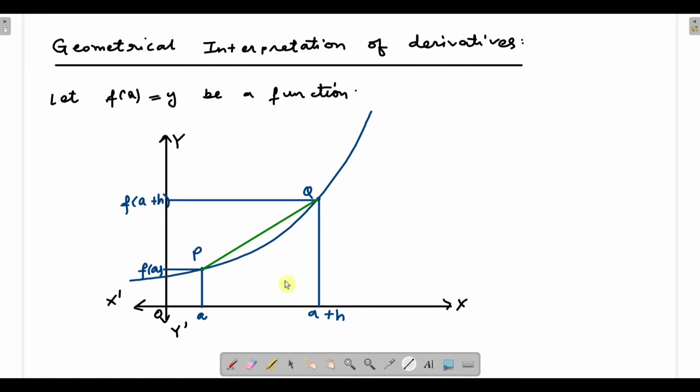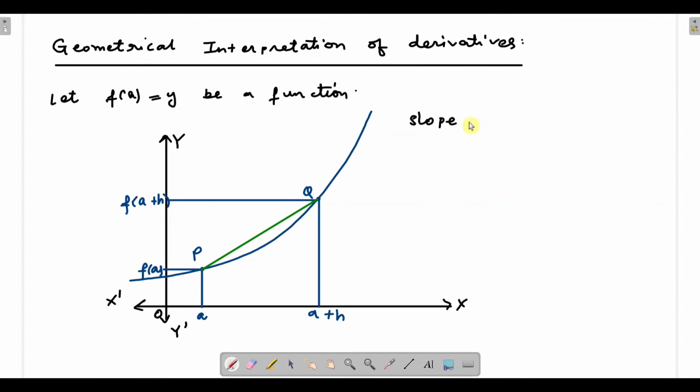Okay, so let us find the slope of PQ. So what will be the slope of PQ here? We are doing the geometrical interpretation of derivatives. Okay, so we will see how the derivatives can be seen geometrically.